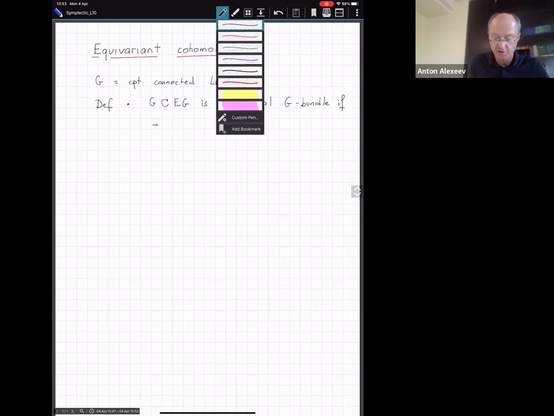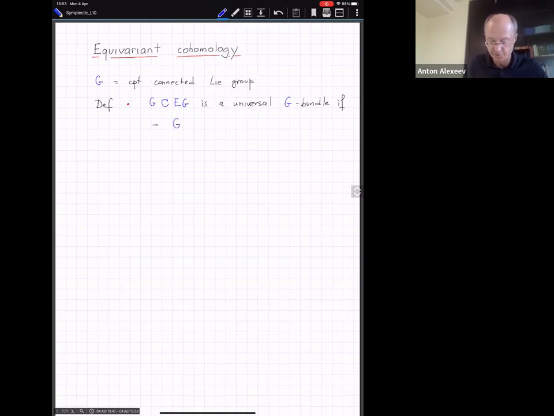First of all, since it's supposed to be a G bundle, you want the G action to be free. And then the second condition, which sounds a bit surprising if you've never seen it, you want EG to be contractible.